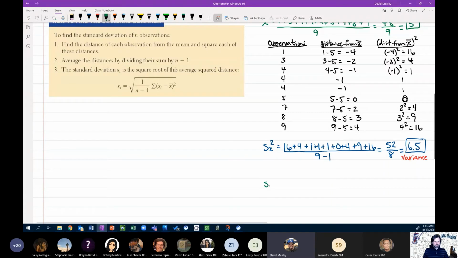So that means s of x equals the square root of 6.5, which, because I did it earlier, is approximately, not exactly, but it is approximately 2.55. All right? So our standard deviation, 2.55. And we did that just by following our steps here.